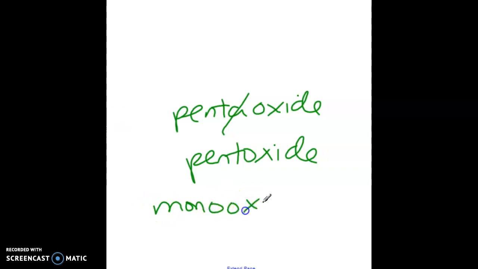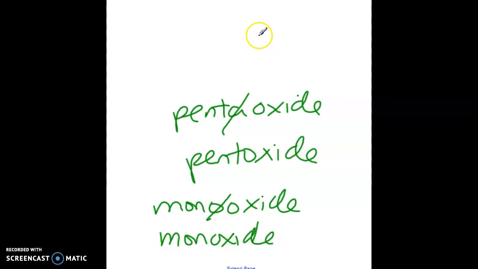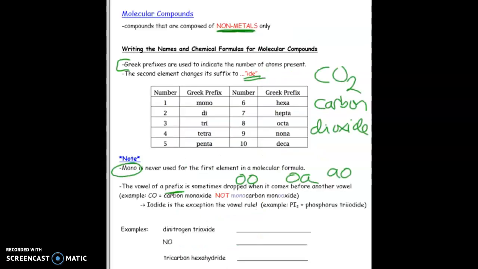We don't say monooxide, you drop the O, and it's just monoxide, carbon monoxide. So this happens with OO and A with O, or O with A. Those ones will have one of the vowels drop. So carbon monoxide, you don't say monocarbon monoxide. See how it's like the double O? One of those O's drops.